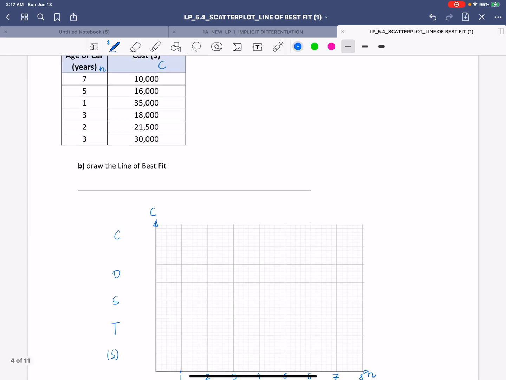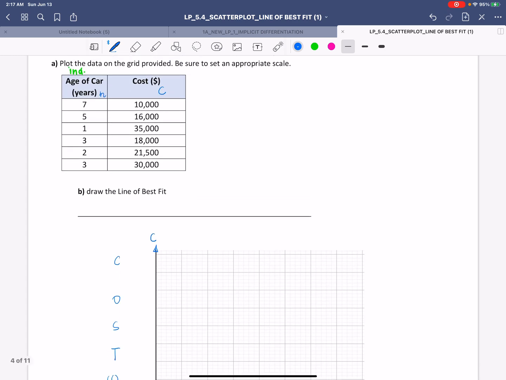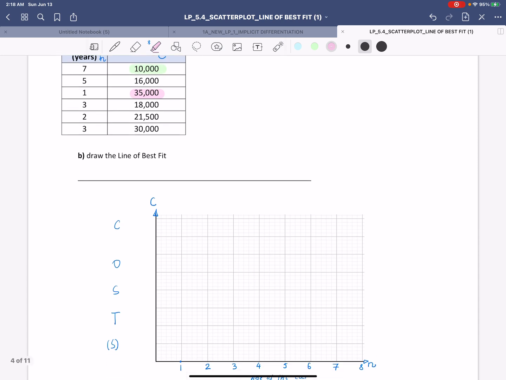Now, for the values of the cost, I have to look into the lowest and the highest. So I would say that the lowest data that I have to fit in here is 10,000, and the highest is 35,000. For 35,000, I'm checking the number of squares that we have in here: 2, 4, 6, 8.